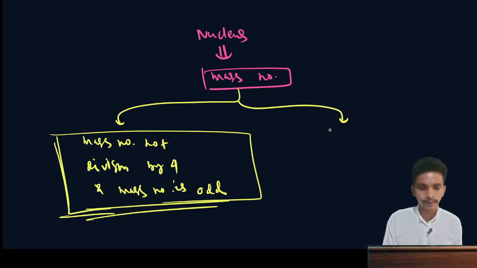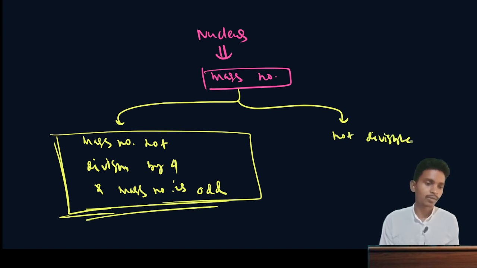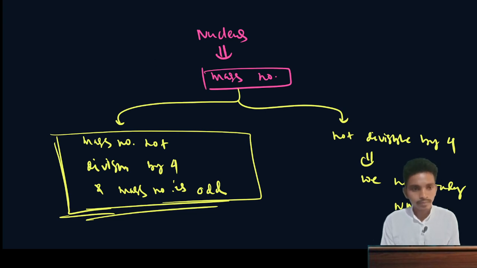If it is divisible by 4, then we do not study NMR. So for studying the NMR of molecules and atoms, the first point is whether the mass number is divisible by 4 or not, and secondly whether it is odd or not. These two points are needed to study the structure of atoms.